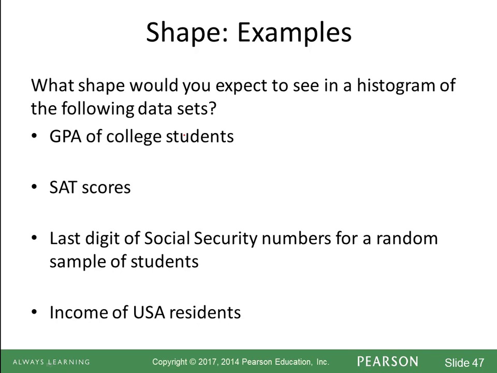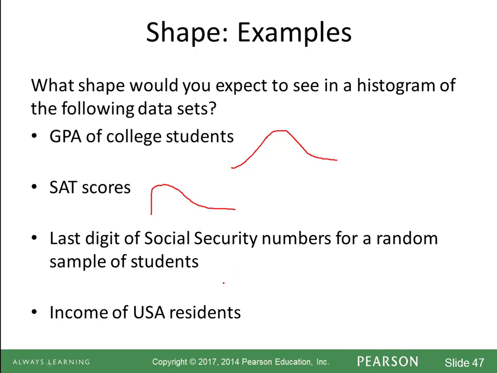GPA of college students are probably going to be pretty bell-shaped. SAT scores are probably going to be skewed to the right, where most people are average, but there's a few extremely high scores.